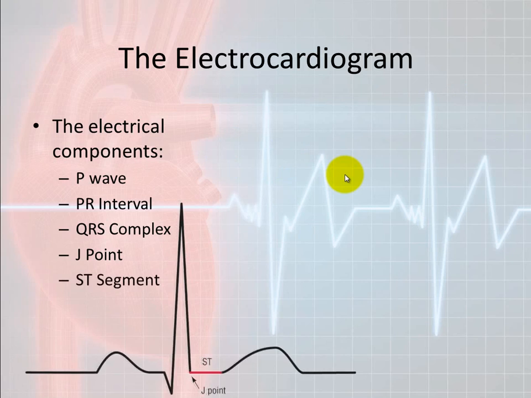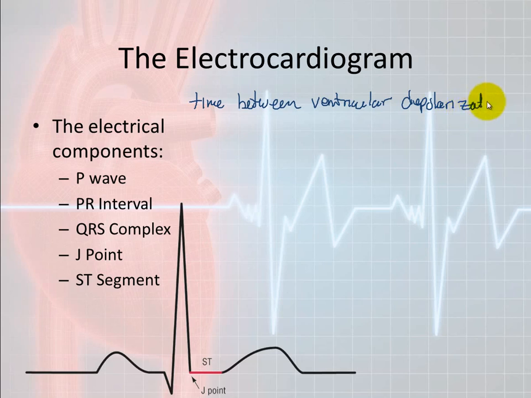Now let's talk about the ST segment. I just mentioned something about the ST segment. The ST segment is this part right here, this red part right here. And what it represents is the time between ventricular depolarization, which is the QRS complex.